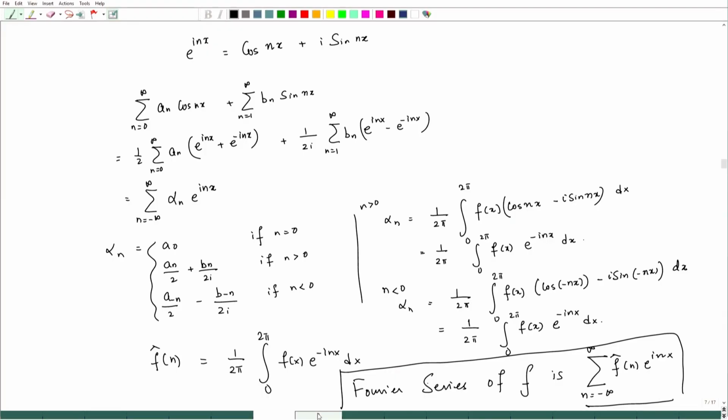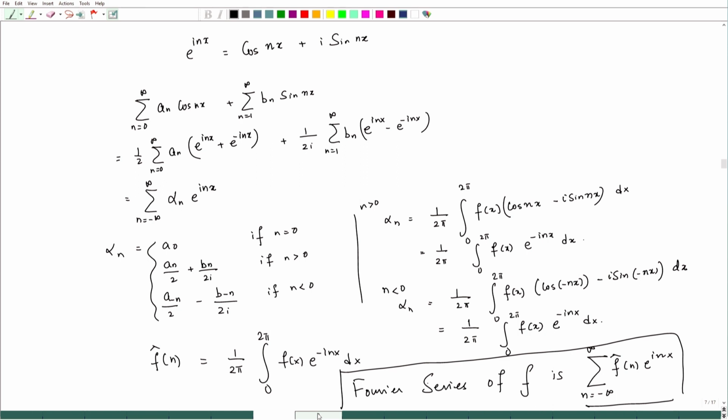We are not writing f of x is equal to the sum from minus infinity to infinity of f hat of n e to the power i n x, because till now we do not have the license to write this statement unless and until we prove that this infinite series converges to f for every point x. Okay. To start with, we do not even know for what kind of f this Fourier series is going to converge.